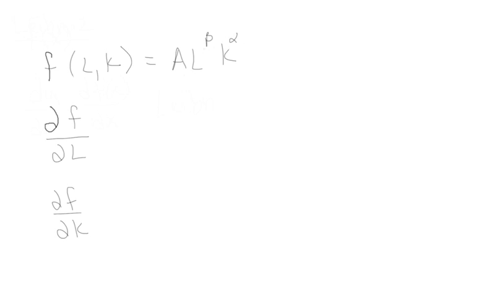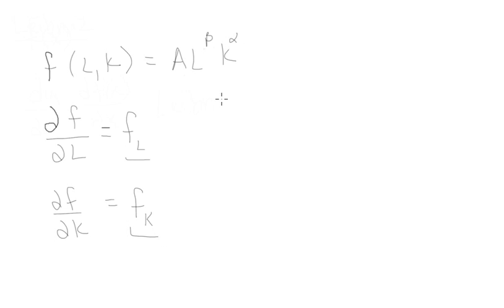Instead of using primes, we end up using subscripts. So if we wanted to find the partial derivative with respect to L, we would write f sub L. If we wanted to find the derivative with respect to the capital supply, we would write f sub K. So when your professors are writing these subscripts, they are actually talking about taking first derivatives.